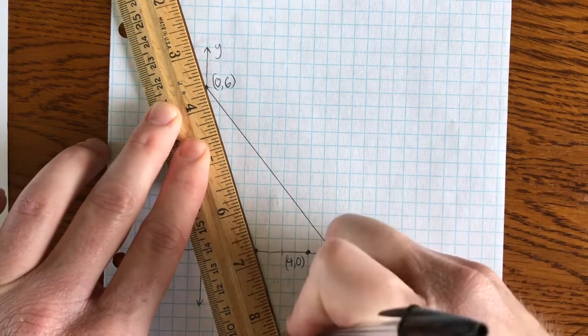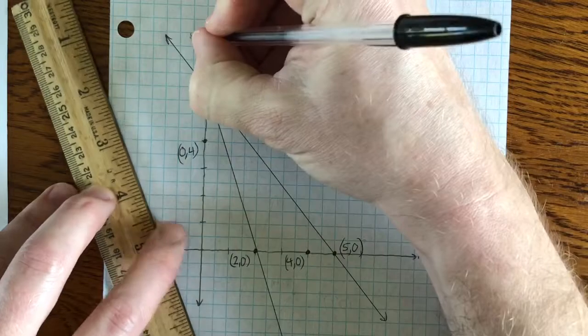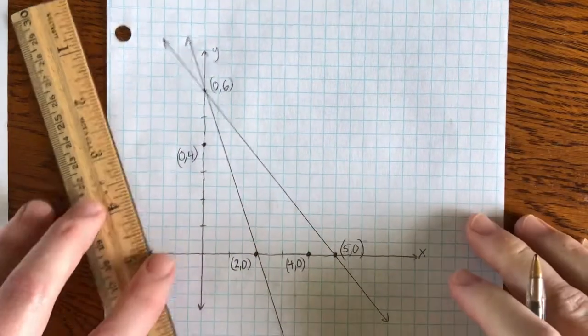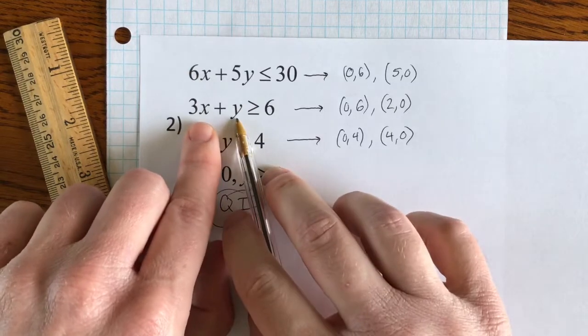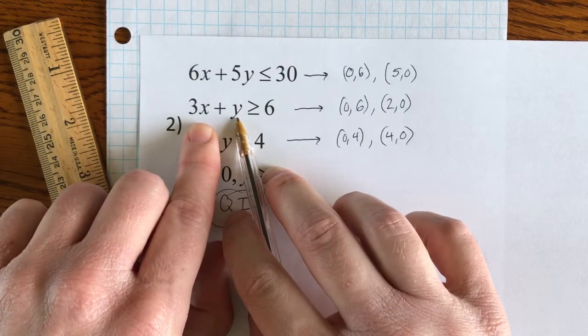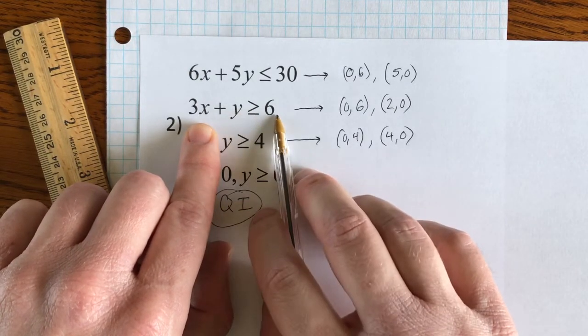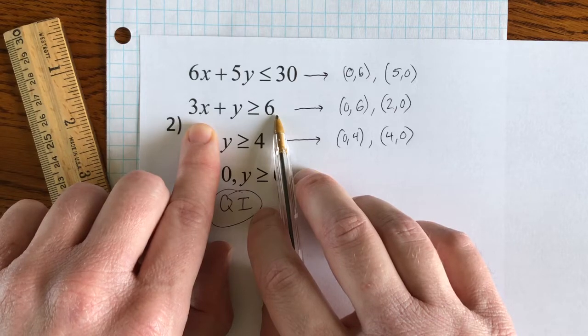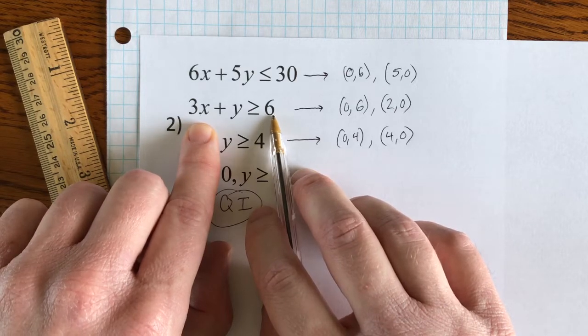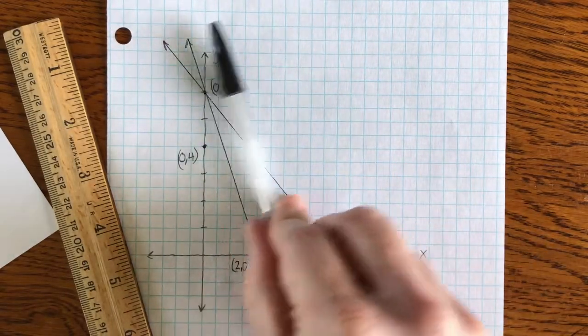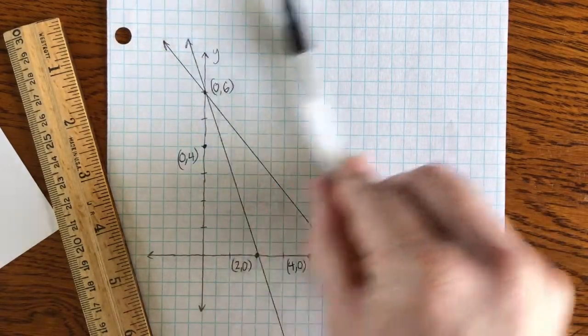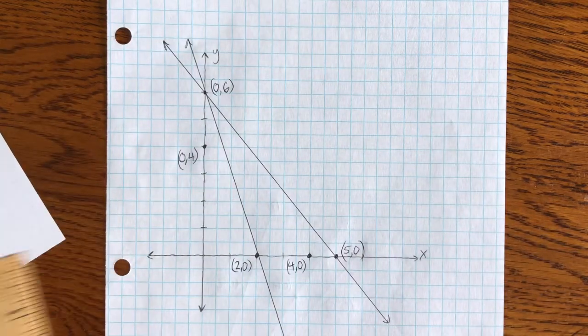It looks something like this. And in this particular one, if you plug in 0, 0 as your test point, you'd get 0 is greater than or equal to 6, which is false. 0 is not greater than or equal to 6. So therefore, you would shade everything above and to the right of this particular line. Okay, so just keep that in mind.